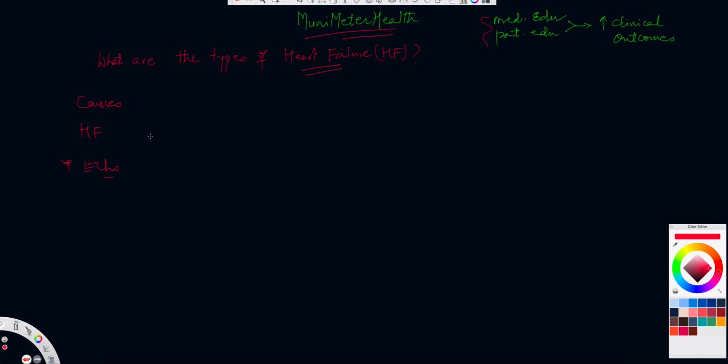Basically, the heart function is not able to meet the requirements of the various organs in the body. So it's normally manifested by fatigue, by shortness of breath, and sometimes by paroxysmal nocturnal dyspnea, which is like waking up in the middle of the night and gasping for breath, opening up the windows, with congestion in your lungs.